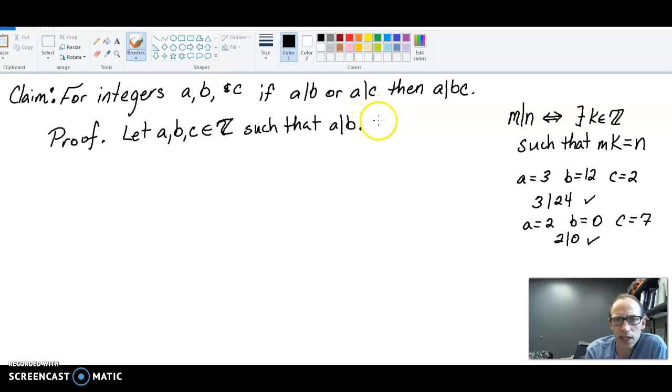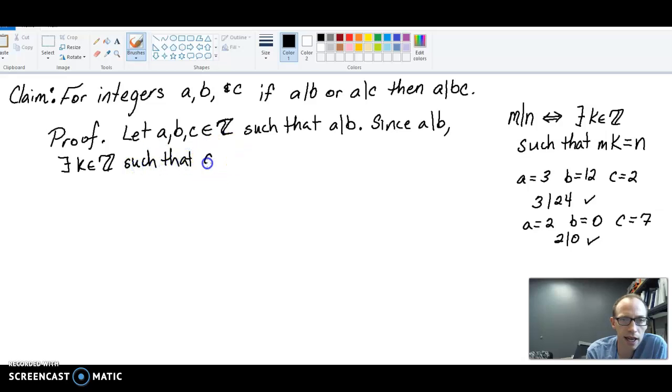So since a divides b, there exists an integer k such that ak equals b. So again, I'm using that definition here. That's where I'm pulling it in.